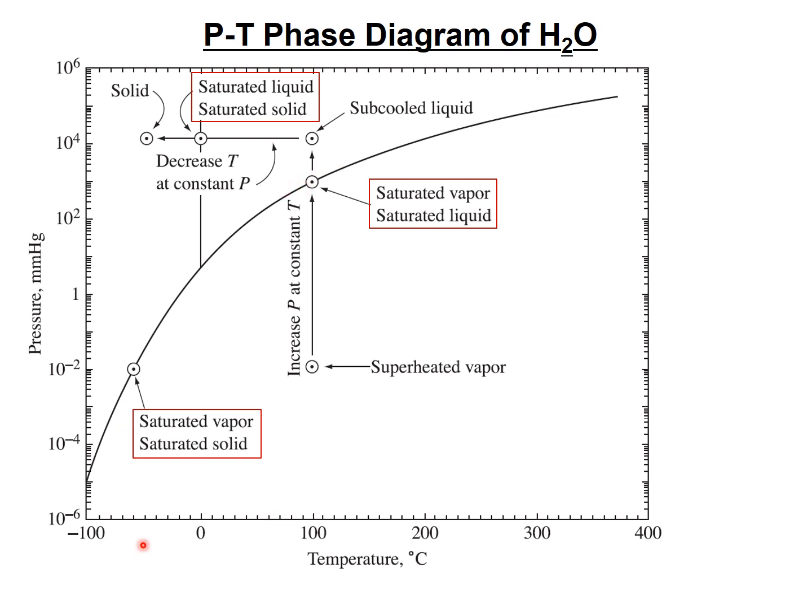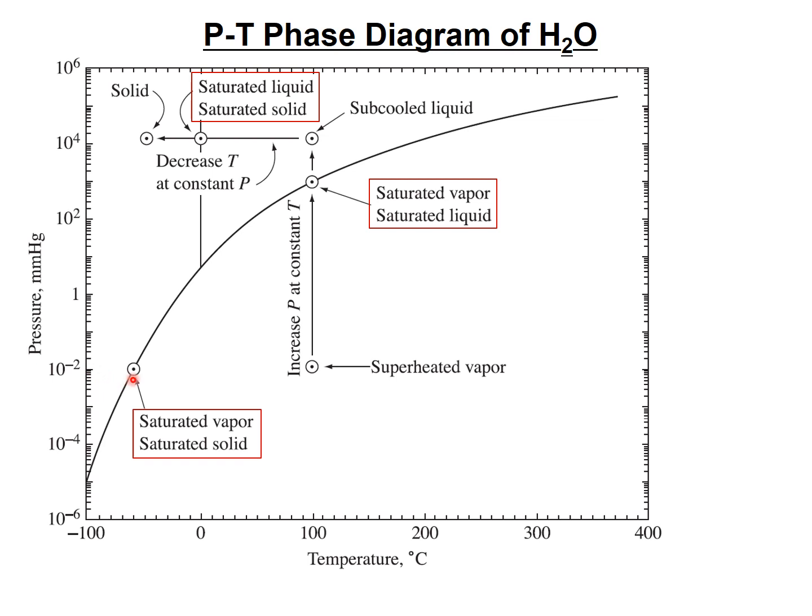Let me start with this one. This point is found on the coexistence line of vapor and solid. And we could say we have a saturated vapor and a saturated solid at this point, at let me say minus 50 Celsius degrees and 10 to the minus 2 mmHg.